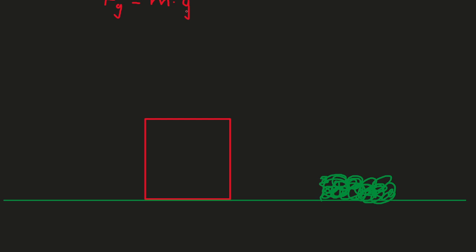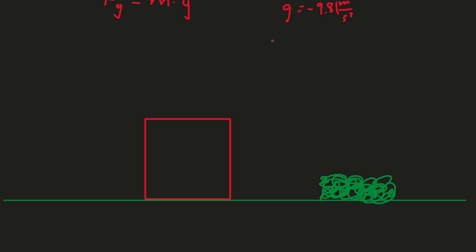So this g is just a replacement for whatever the acceleration due to gravity is on whatever planet or space you're in. So on Earth, g is going to equal 9.8 meters per second squared, or 9.81 to be a little more precise. And if you're talking about directions, you can also include a negative.